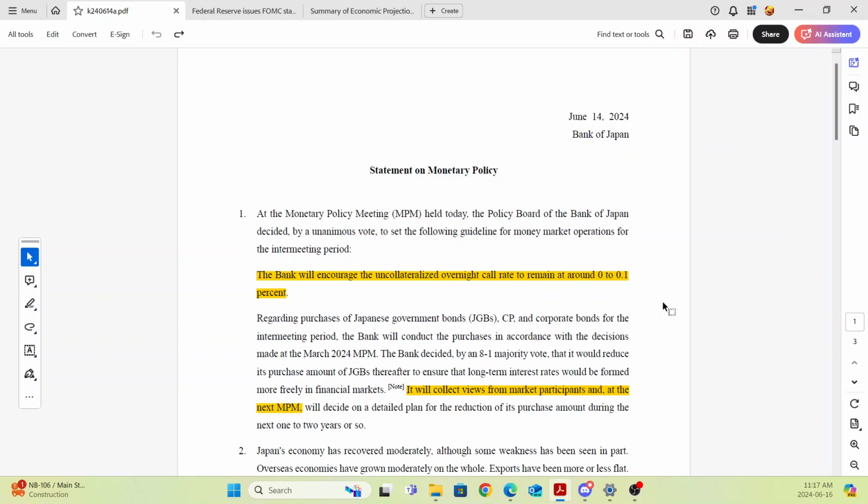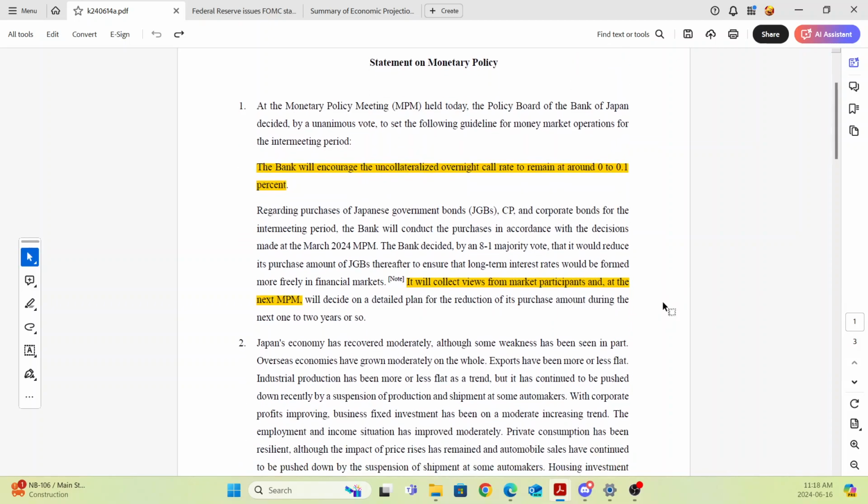They were talking about it a week ago on Nikkei. We had a report stating that the Bank of Japan may introduce their tapering this week, stating that they might reduce their JGB holdings. However, they just did the opposite.